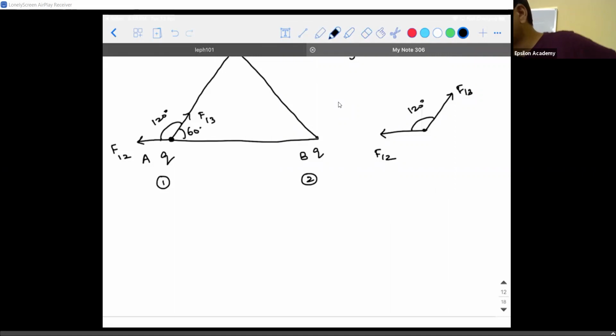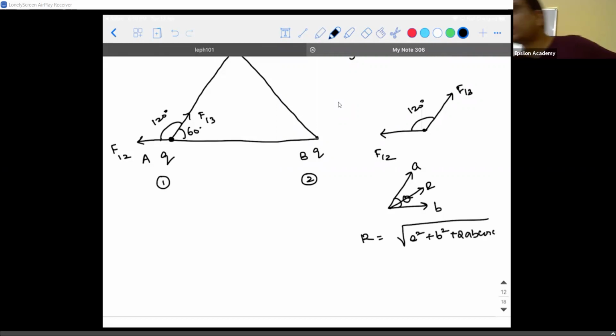If there is a vector A and another vector B, inclined with respect to each other at theta, then the resultant will be somewhere in between them. The value of R is given as root of A square plus B square plus 2 times AB cos theta, where theta is the angle between both the vectors.